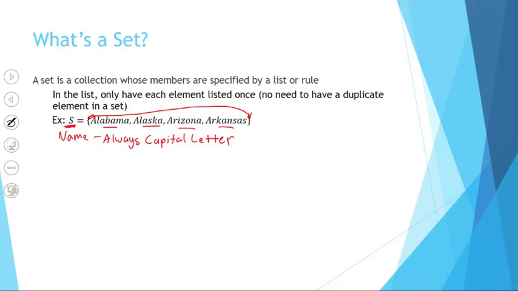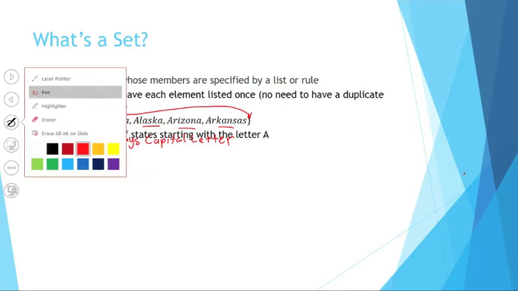We don't use parentheses, we don't use square brackets, we use these squiggly brackets. So please keep them in mind. Whenever you write a set, you're going to have to use those little brackets to indicate that it's a set.